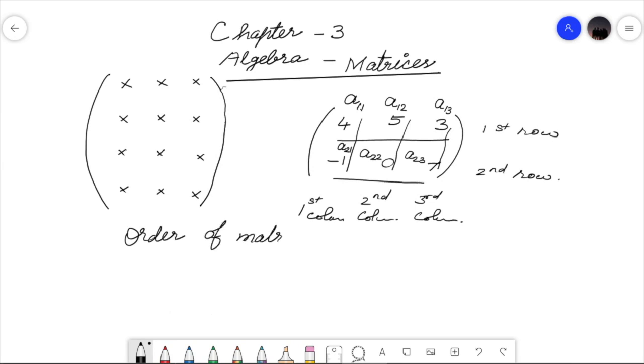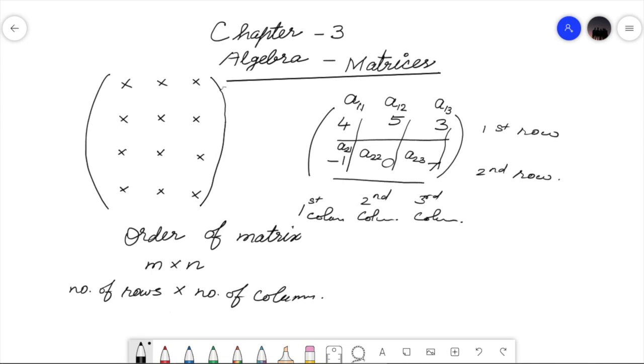Order of matrix is nothing but M cross N, where M is the number of rows in a matrix and N is the number of columns in the matrix. To find how many elements are there in the matrix, we have to multiply the number of rows and the number of columns.